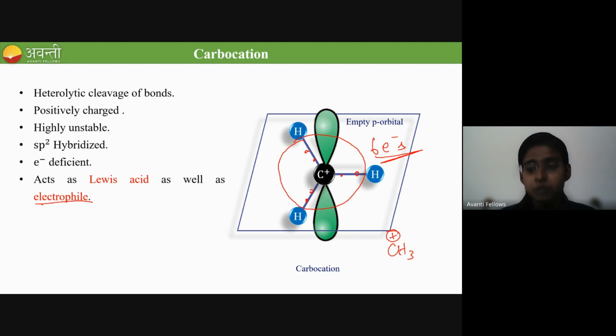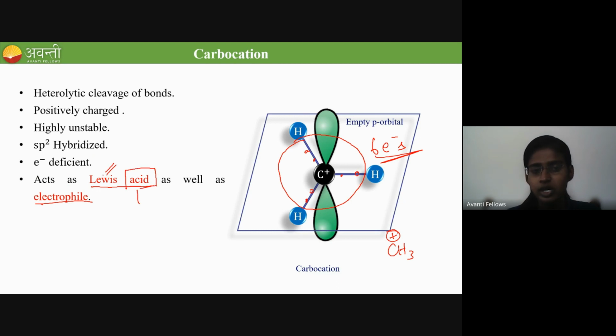Lewis acid means electron deficient species. Lewis is the name of the scientist who gave the definition for acid and base.